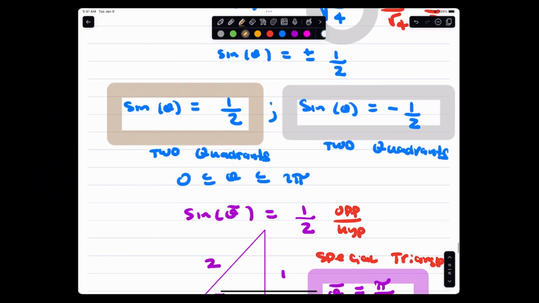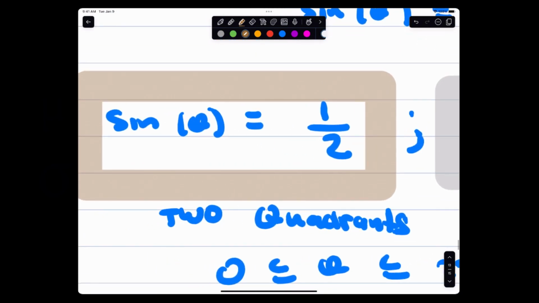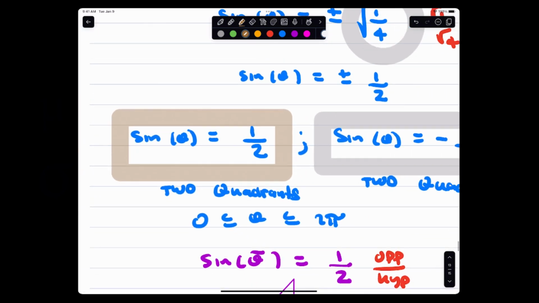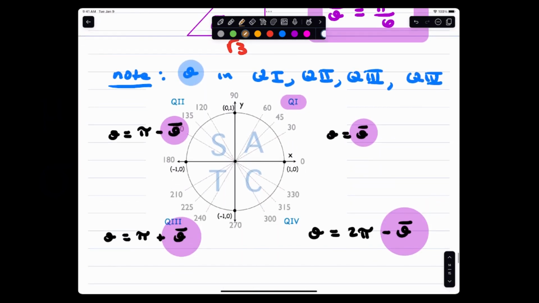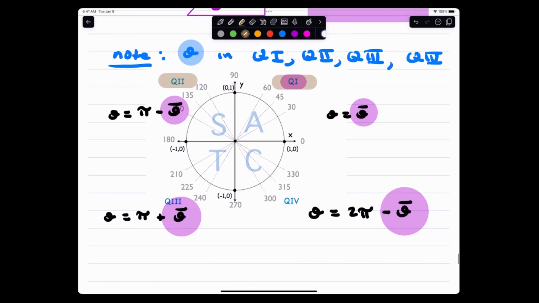This is where sine is positive. Is that true? Because it's positive 1/2. In which quadrants is sine positive? It's the first and the second. You guys with me on that? So you might say, okay, believe it or not, you already have the answer for the first.